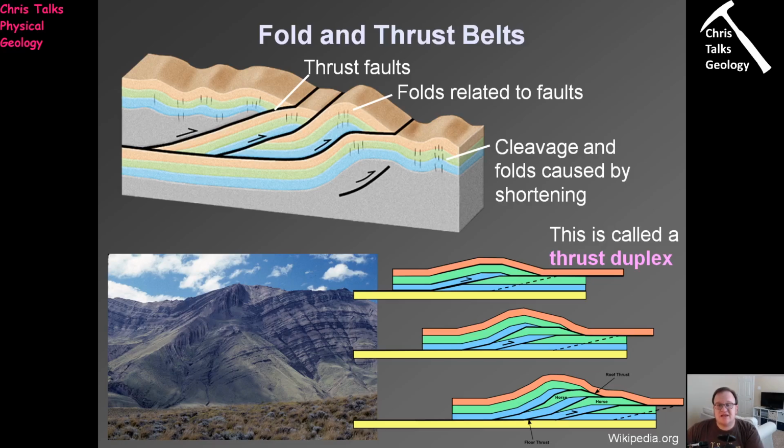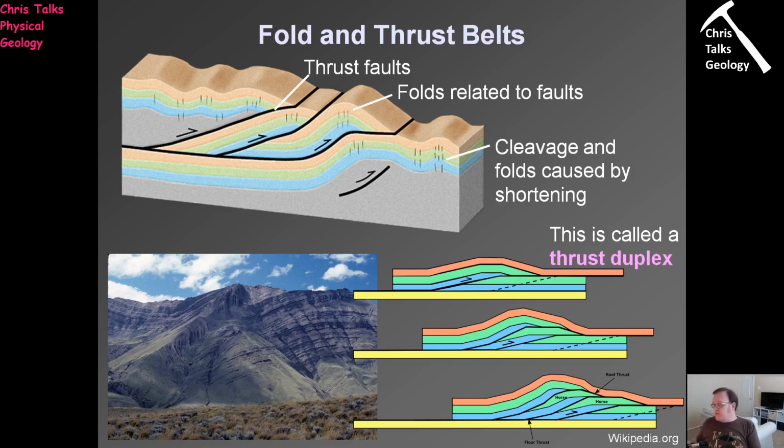So thrust duplexing is quite important, because thrust duplexing combined with folding, okay, because remember, when we fold a sequence of rocks, we take a very thin layer of rock and all of a sudden we make it very, very thick, don't we? We've taken a layer of rock here, which is, what, that thick, 2 sheets of paper, and all of a sudden we've turned it into a feature which is, where's my ruler, which is now all of a sudden 10 centimeters thick.